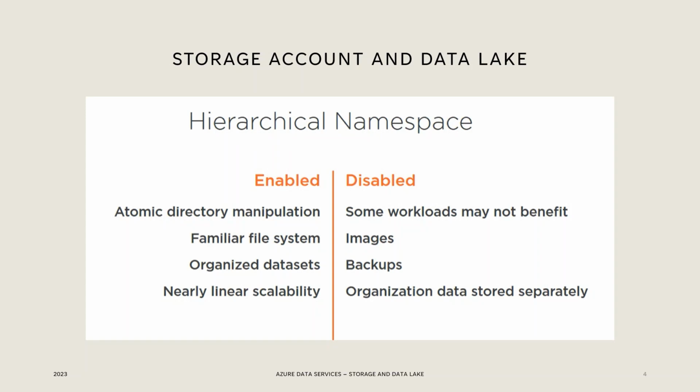So if it is 5,000 files, it is going to be 5,000 copies and 5,000 pastes. Compared to hierarchical namespace, where if I rename the directory, it just maintains the content as it is. It doesn't copy out the content to a newly created name.